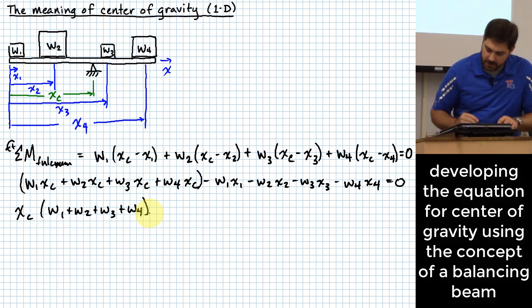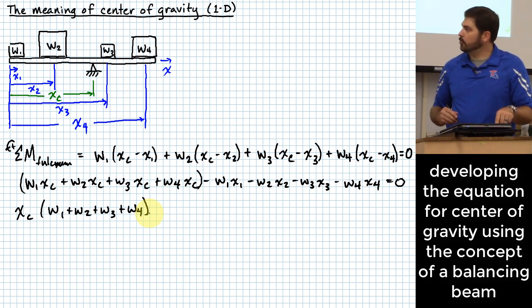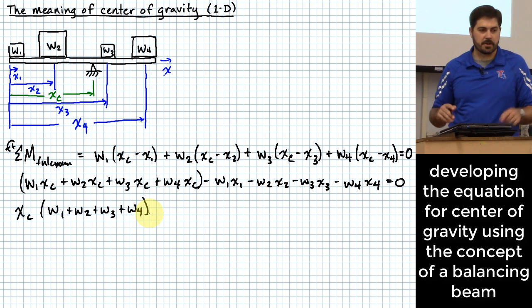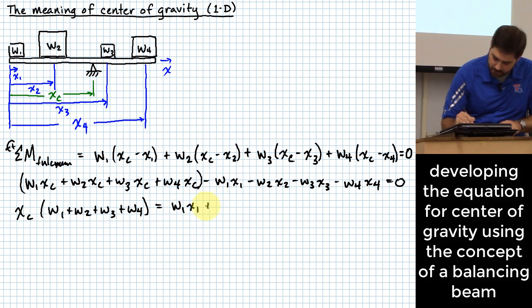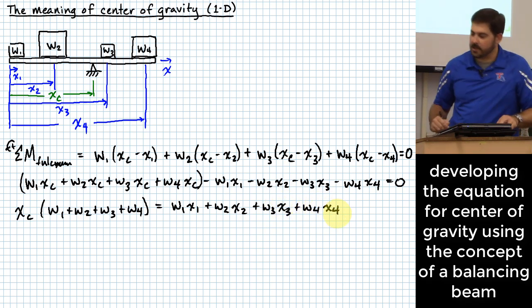The other thing I could do is move all those negative terms to the other side of the equation. And I would say that this would be W1 x1 plus W2 x2 plus W3 x3 plus W4 x4. And you get the idea here.